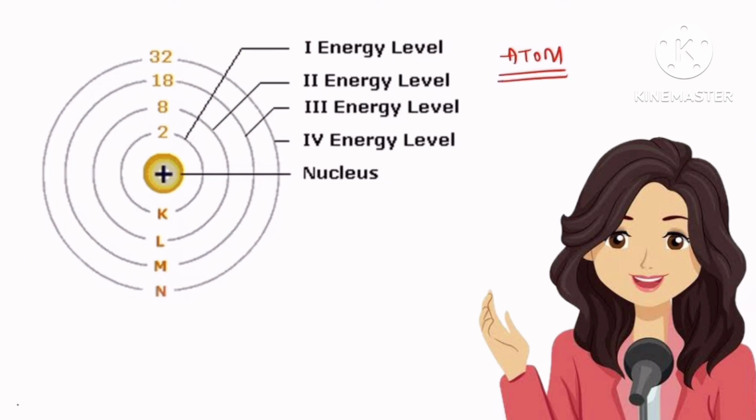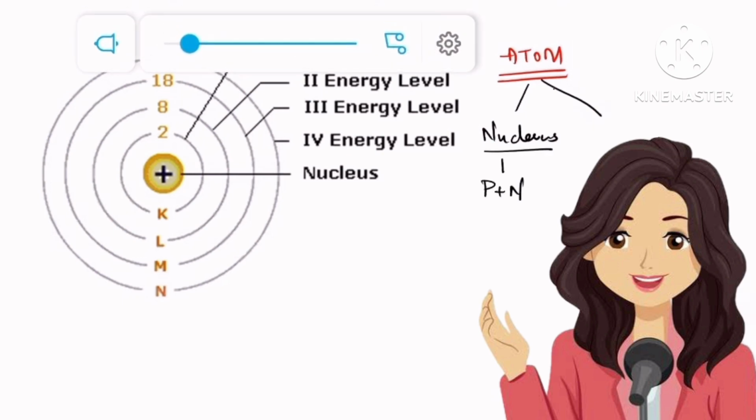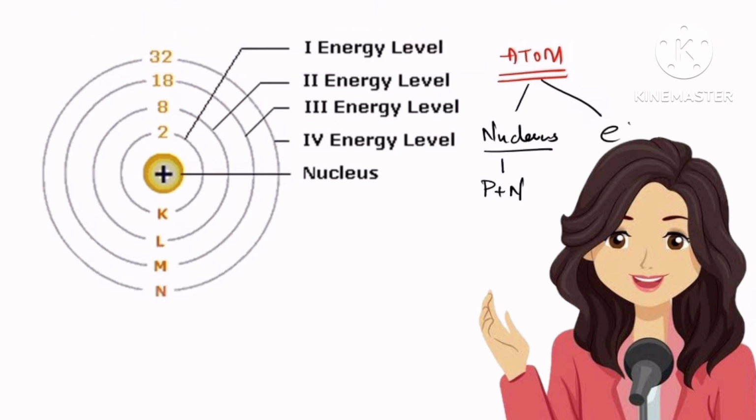The atom basically consists of the nucleus. The nucleus consists of protons plus neutrons, and electrons that revolve in the orbitals.